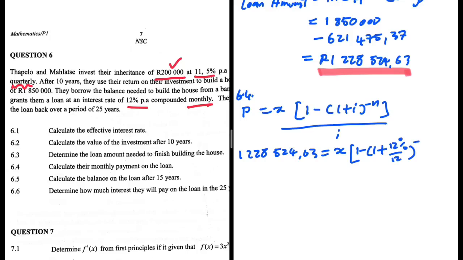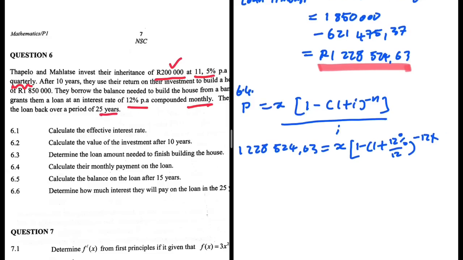Everything to the power minus 12 multiplied by how long we are going to take to pay off the loan, over a period of 25 years. So that is minus 12 multiplied by 25. I close that bracket and divide everything by the interest, 12% divided by 12.